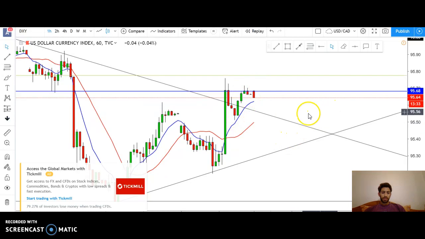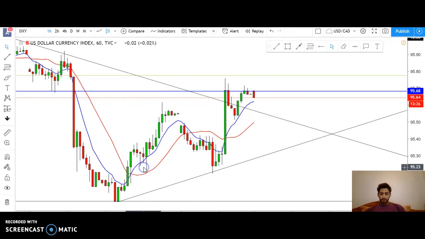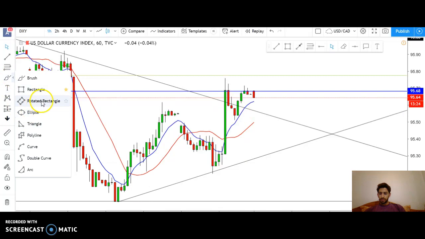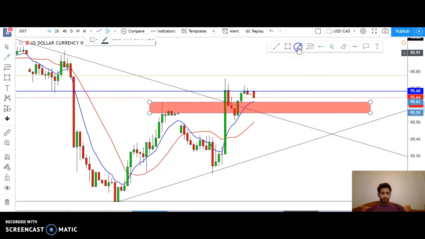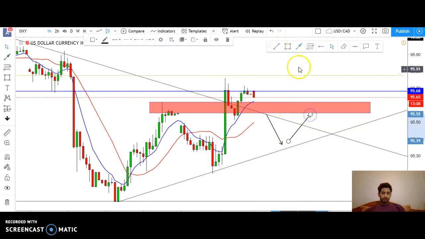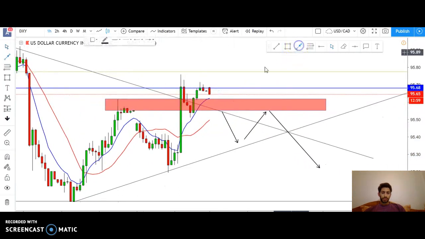It could possibly come back down, retest this region here. If I show you using some tools, it could possibly make a lower low underneath that. Could possibly go like this. I'm just saying what could happen, but we want to see what price action forms before placing a trade.